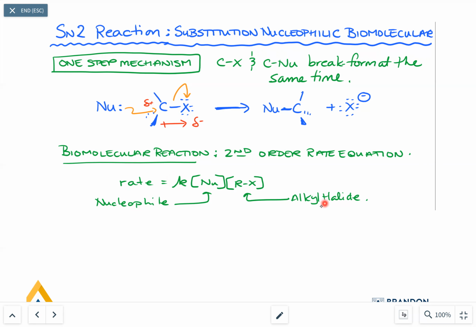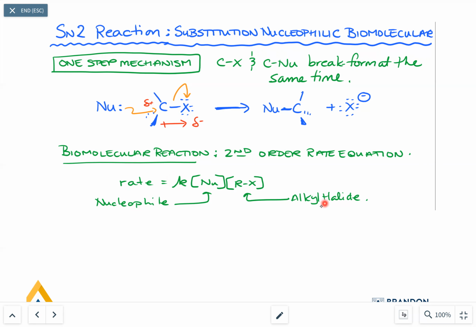I think I've got to go back in and change that on my slide. Anyway, that's basically it. It's relying on both of these for the reaction to take place.